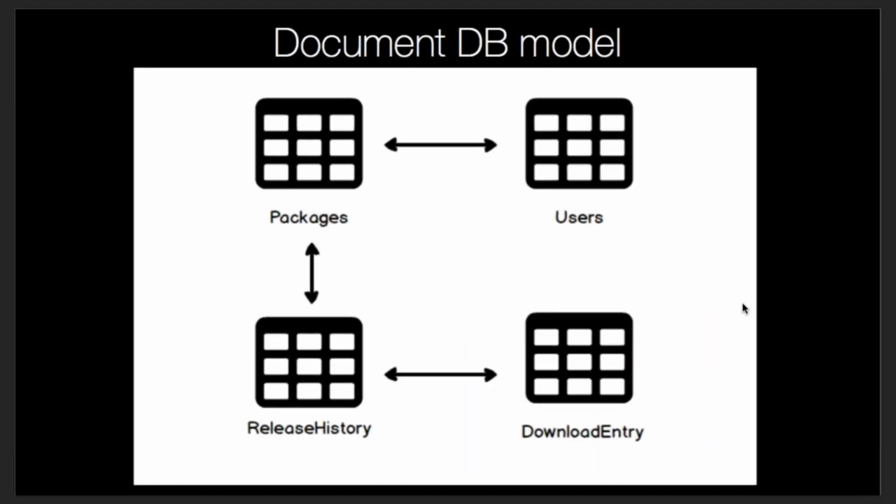Here's how we model this in Mongo. So we have packages, which is actually a really light thing. We have release history, and the release history actually contains most of the data. The download entry we don't touch, and the users we'd query. So instead of doing an 8 to 9-way join, or say an 8-way join plus a second query against the release history, we do 3 queries, right?